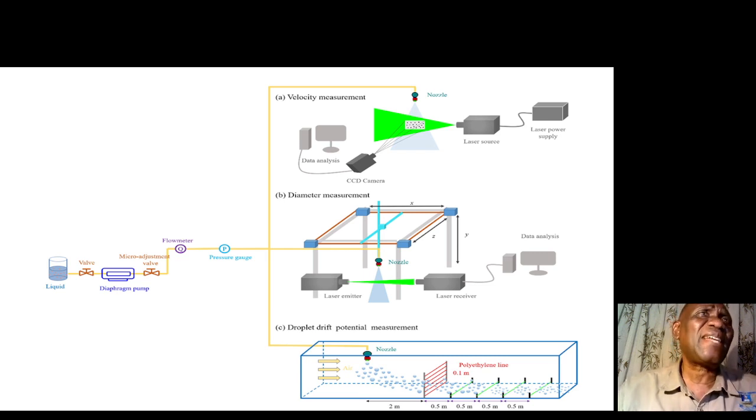The speed is captured by those instruments, and when we come to B, under that sort of enclosure, we have got also the position of the nozzle, which is delivering the droplets, and there's also a piece of equipment which can measure the diameter of each of the droplets. So the diameter of the droplet can be measured using that instrument.